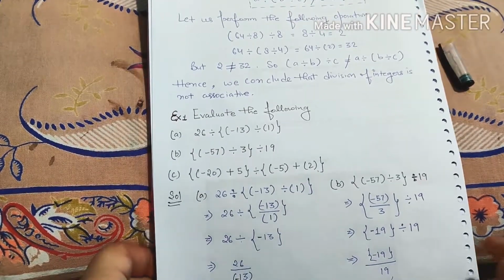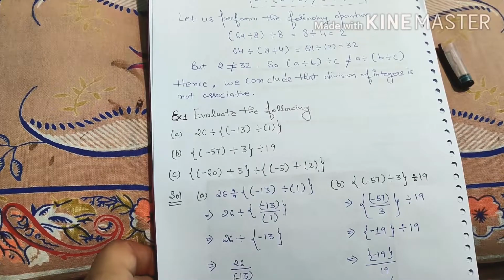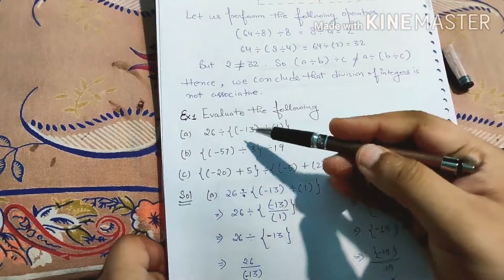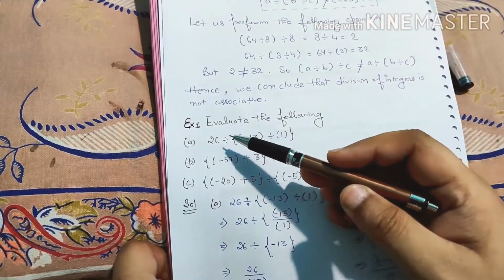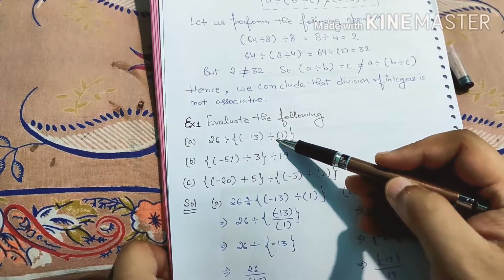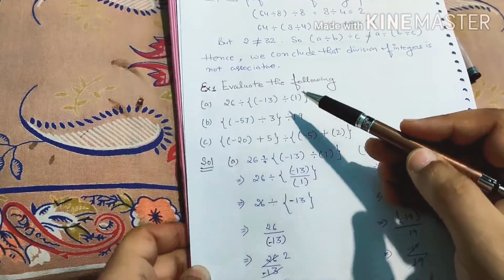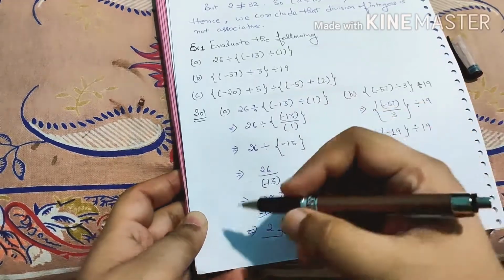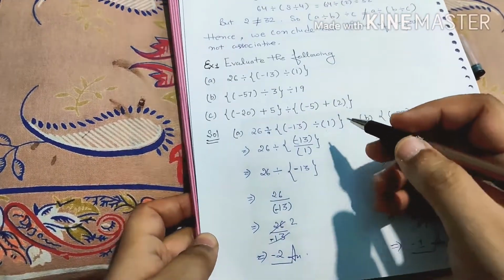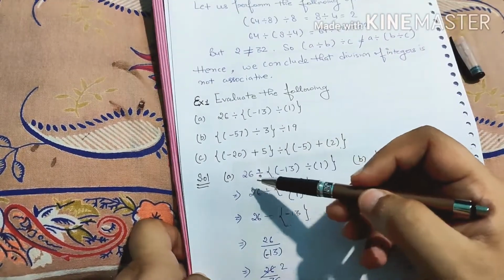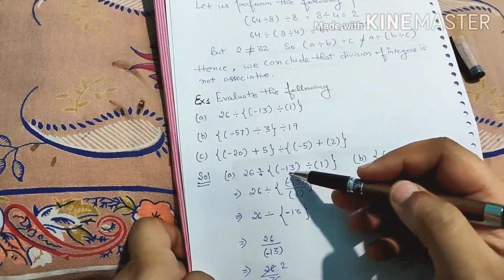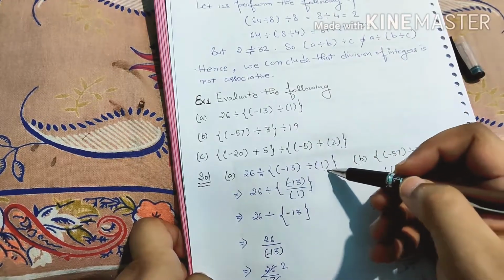Now moving towards some question part. Let's see example number 1. First part, 26 divided by (minus 13 divided by 1). First we write the question. Now solve the inner bracket first.